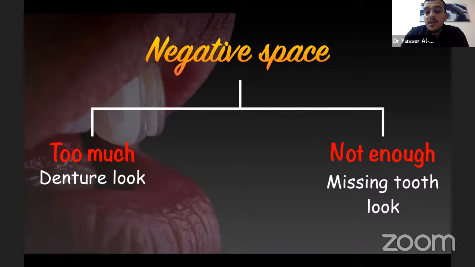Or if it is not enough, which means we bulk the upper posterior teeth buccally, it will make the patient look like he has a missing tooth. So we should give the negative space, not too much and not too little, for the smile in general, because either gives a denture look or a missing tooth look.